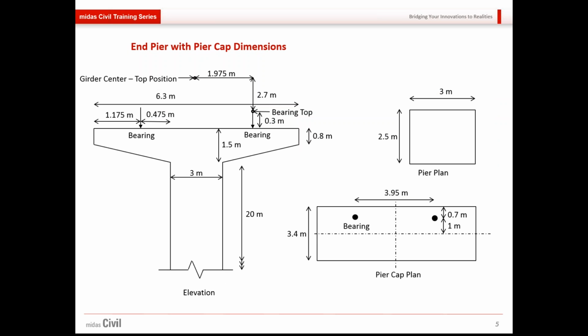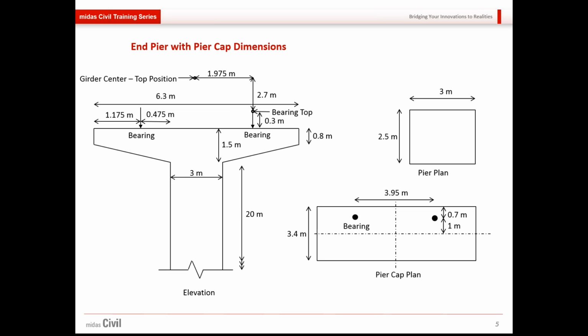The height of the bearing with the pedestal is 300 mm, and the pier cap is 6.3 meters long and 3.4 meter wide. The height is 1.5 meter near the pier and 0.8 meter at the edge. And the height of the pier is taken as 20 meters.